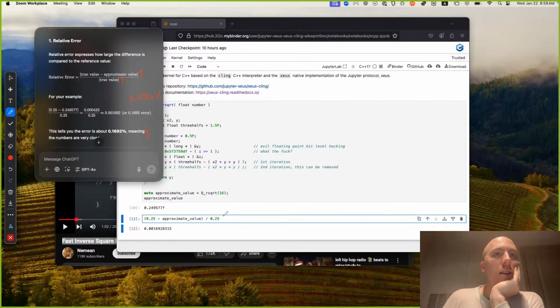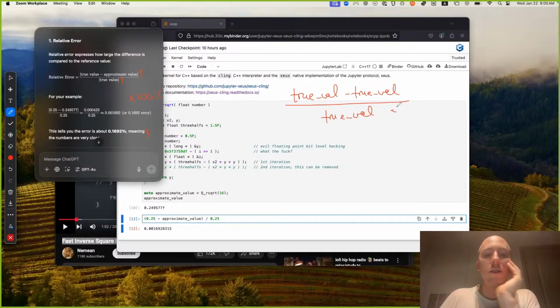But if we just think of it in terms of 0 to 100, pick some nice round values. If the approximate value is equal to the true value, you basically have the true value minus the true value over the true value, so that would be equal to 0. So we would say we have a 0% error rate.